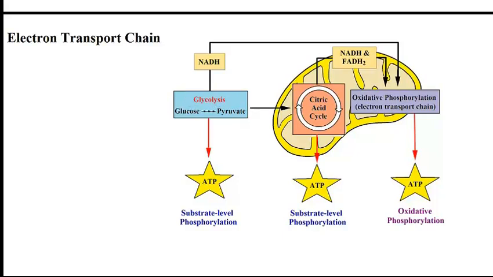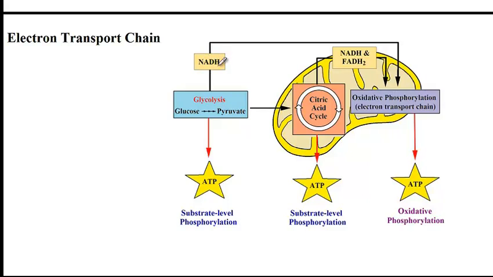Glycolysis and the citric acid cycle contribute to producing NADH and FADH2 molecules that will contribute to production of ATP via the electron transport chain. Any ATP that has been produced during the glycolysis reaction or during the citric acid cycle is called substrate level phosphorylation.